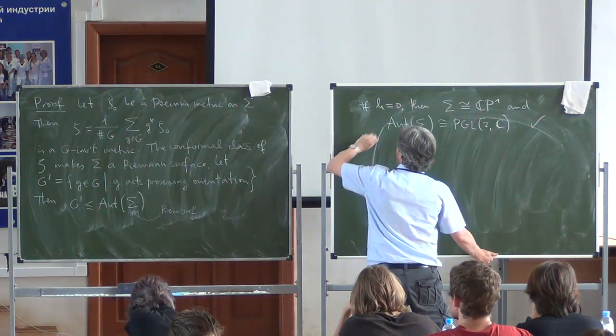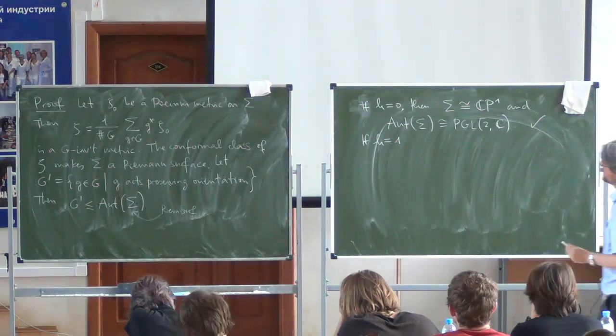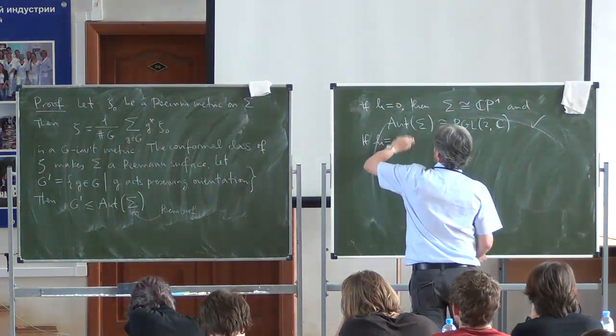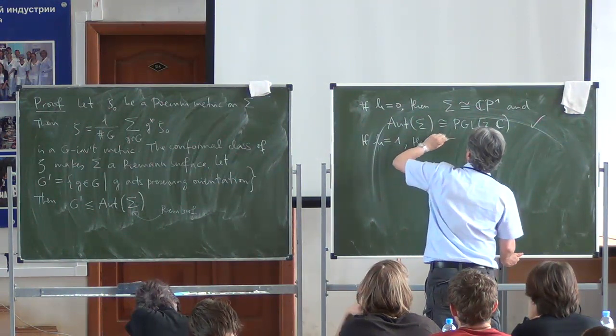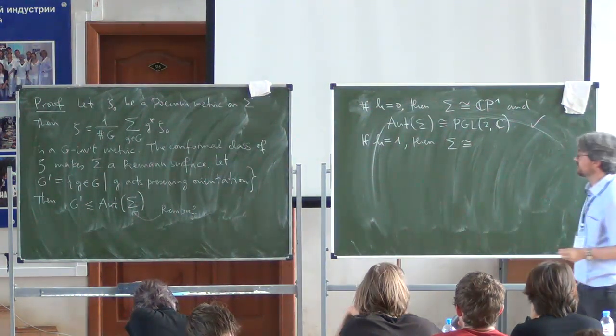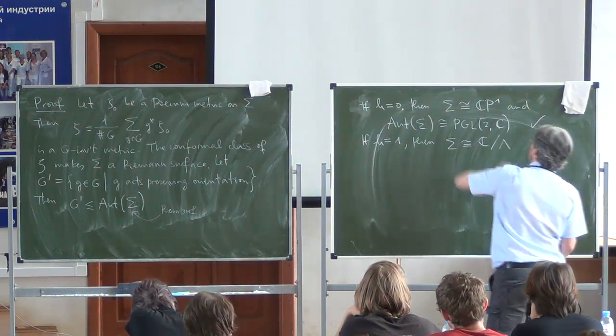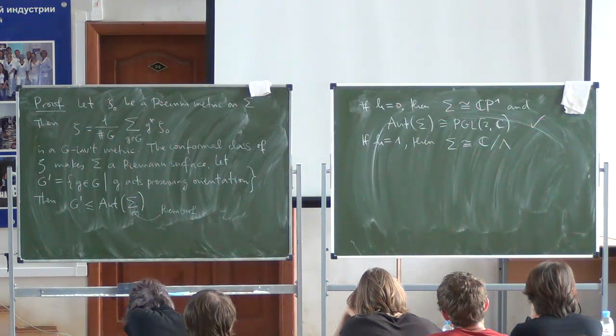If H is equal to 1, then again by the uniformization theorem, but now for genus 1 curves, sigma can be identified with a quotient of C by a lattice lambda.